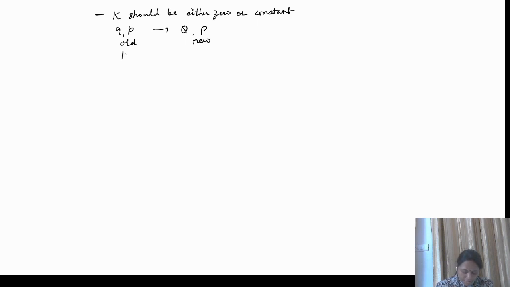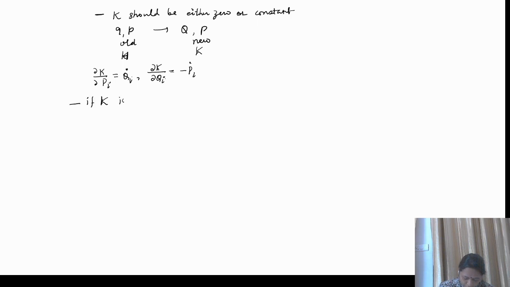H is the Hamiltonian for the old system and K is the Hamiltonian for the new system. And in this new system, ∂K/∂Qi is minus Pi dot, and ∂K/∂Pi is Qi dot. These are the equations. Now, suppose I say that K is 0.